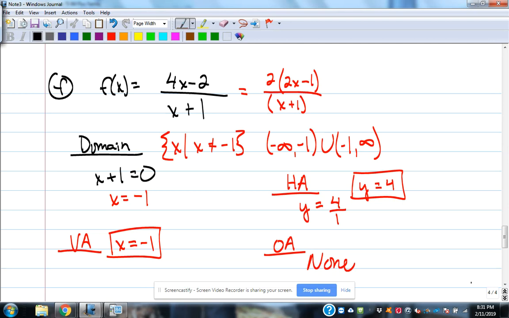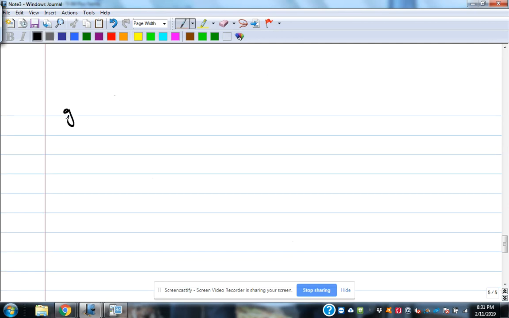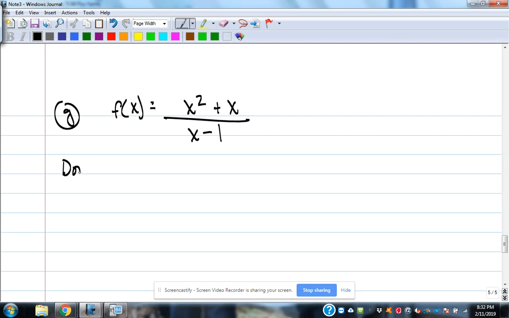All right. Let's do this one. F of x equals x squared plus x over x minus 1. First thing we're going to do is find the domain by doing what?